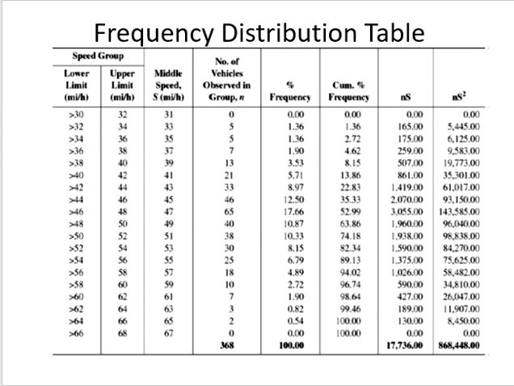Next column, percentage for each group. Next column, cumulative percentage, so I just add the percentages. Then the next column, the multiplication of third and fourth. And the last one, the multiplication of square of third and the fourth, N into S square.